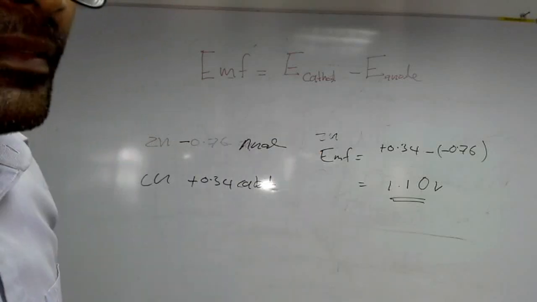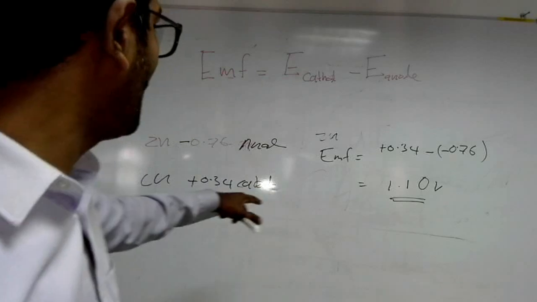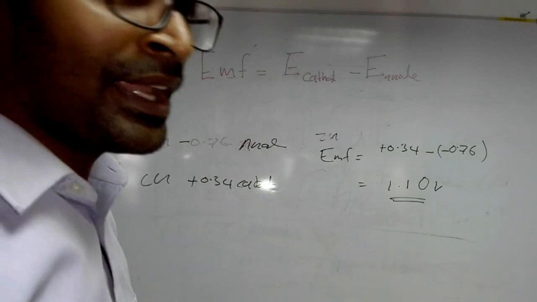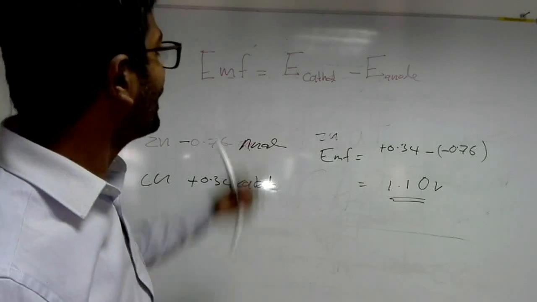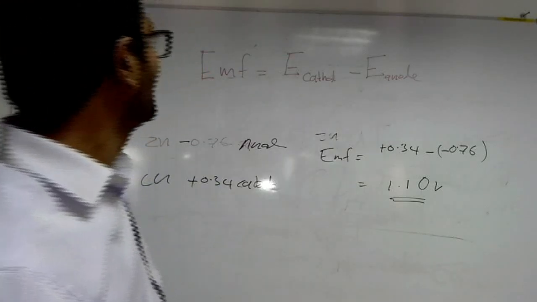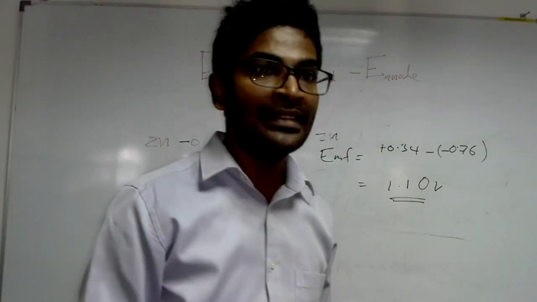Use this equation, cathode minus anode, and you get the EMF of the electrochemical cell.